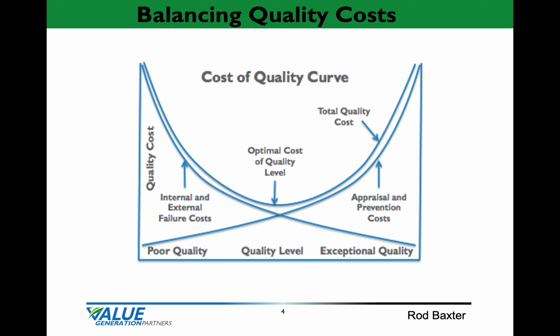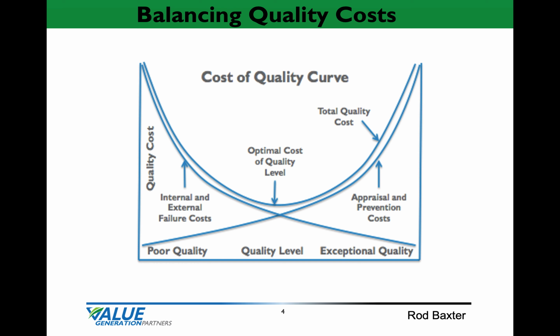As we typically work to decrease internal and external failures, we will begin to spend more on appraisal and prevention. So we need to carefully select initiatives and projects that will allow us to focus on costs that prevent direct negative impact to our customers. It's paramount that we set our goals to execute initiatives that move the majority of our costs into the category of prevention and reduce or eliminate failures.